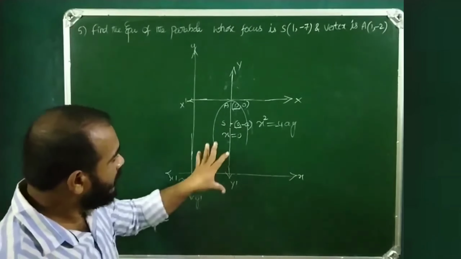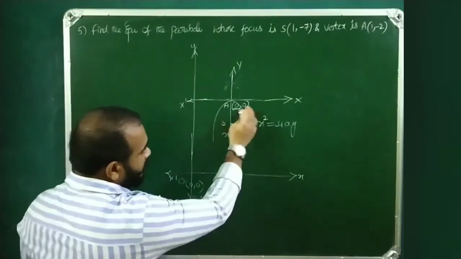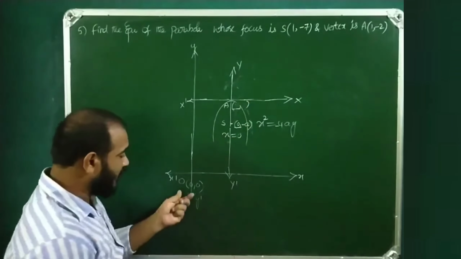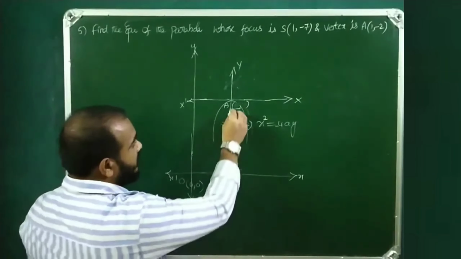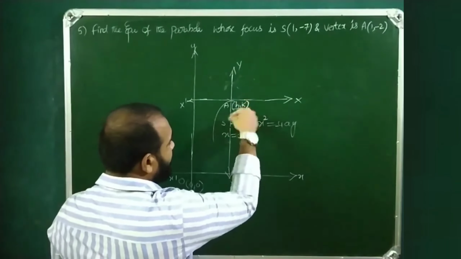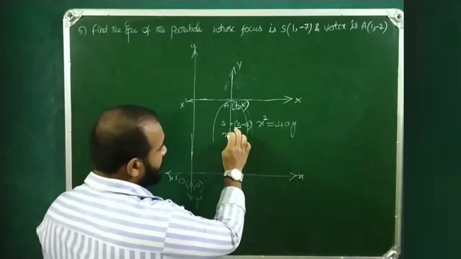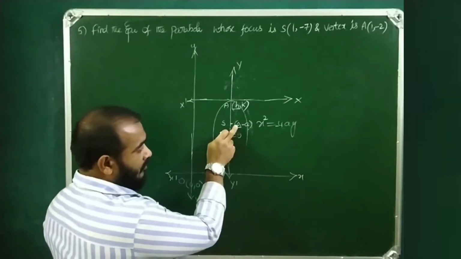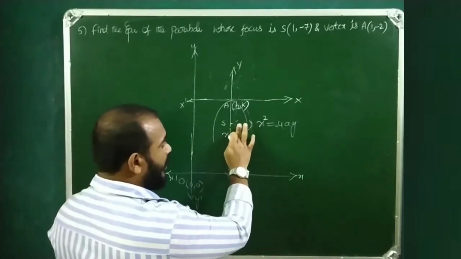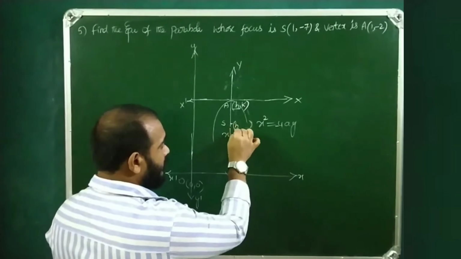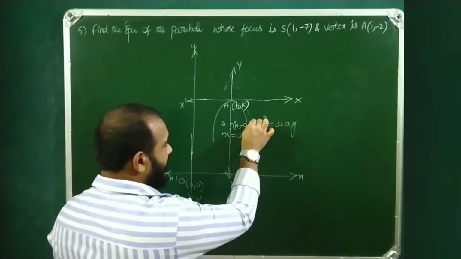Now for this 0, 0 is h comma k, because the origin is shifted to some other point which is other than origin. This is h comma k and this is 0, comma minus a. With 0 h will be added, with minus a k will be added. So h comma minus a plus k.